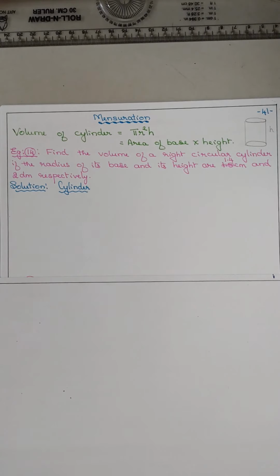Find the volume of the right circular cylinder if the radius of the base and the height are 1.4 centimeter and 2 dm respectively. So first write the solid is a cylinder.